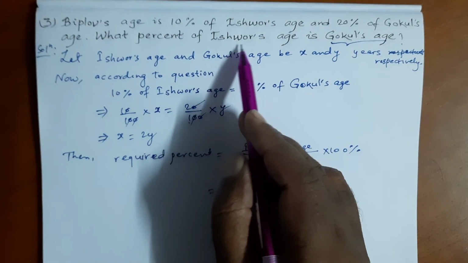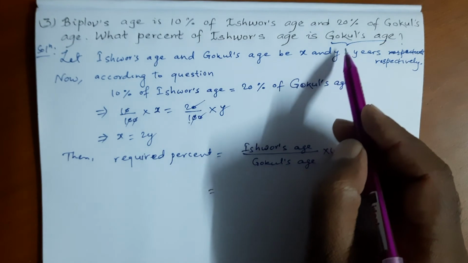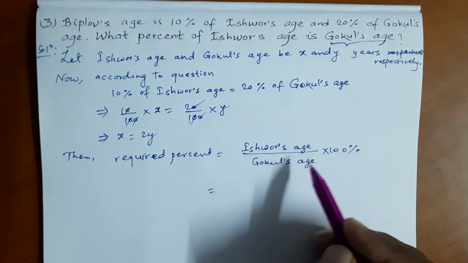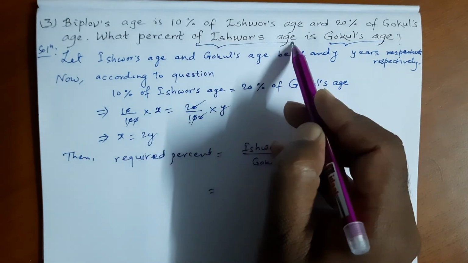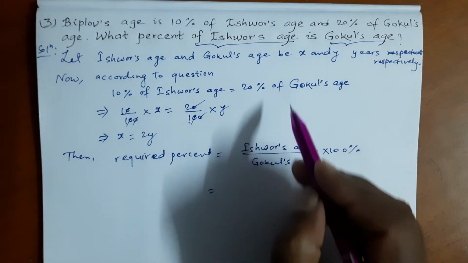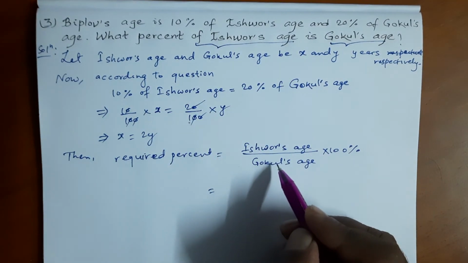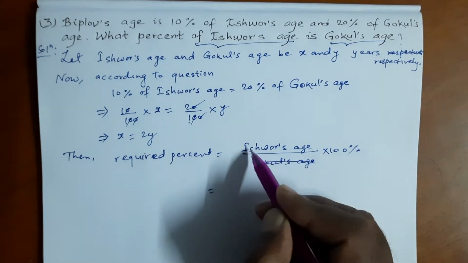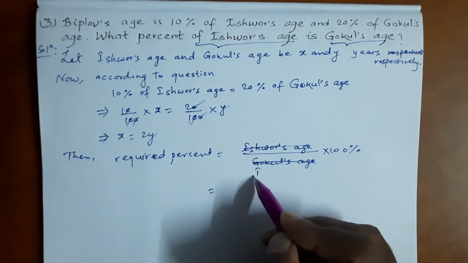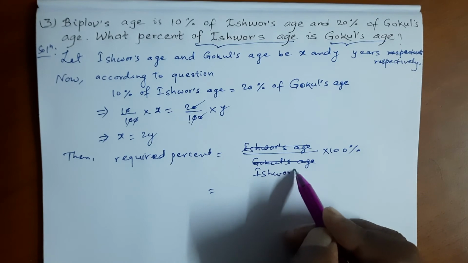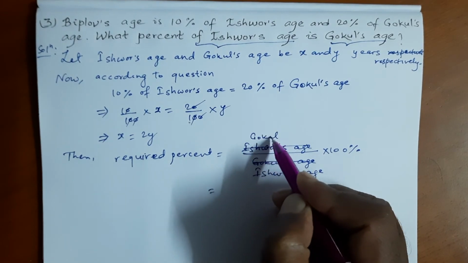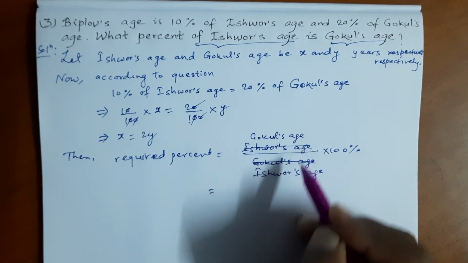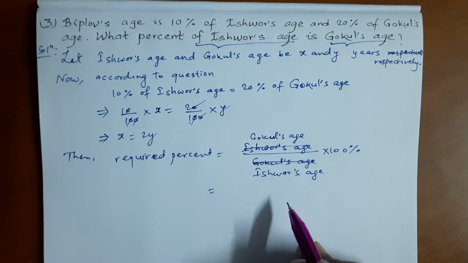How much percent of Ishwar's age is Gokul's age? So in comparison to Ishwar's age, we have to find out. So Ishwar's age, let us write in the denominator, and Gokul's age in the numerator.